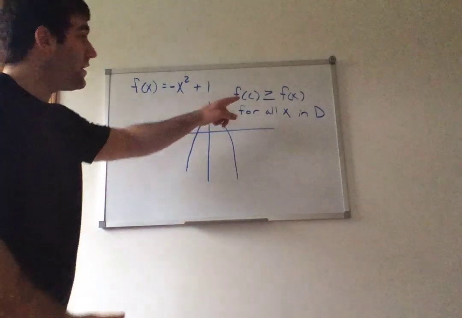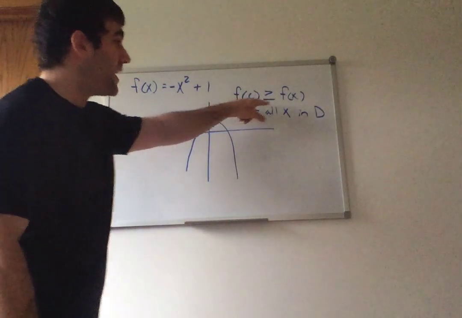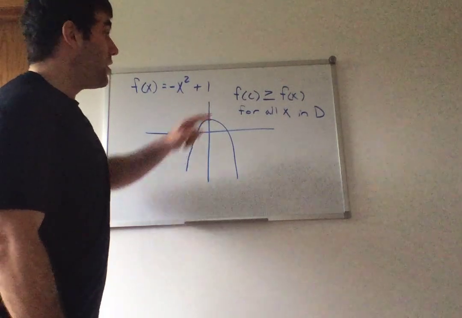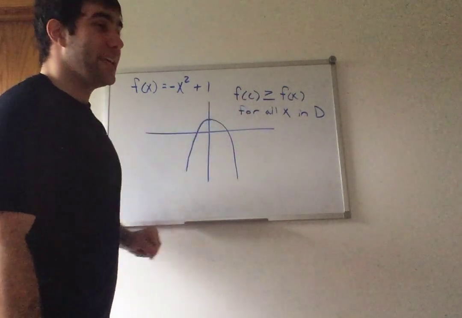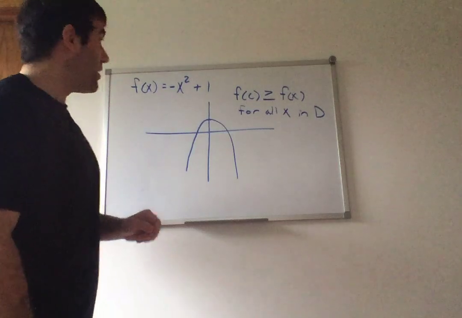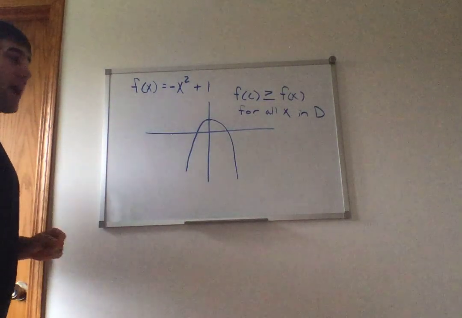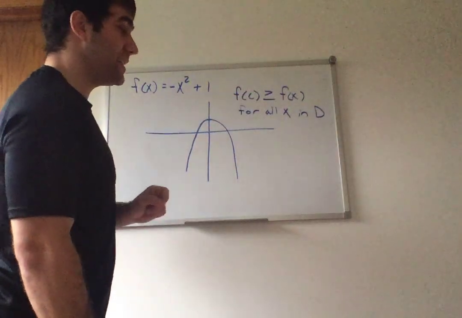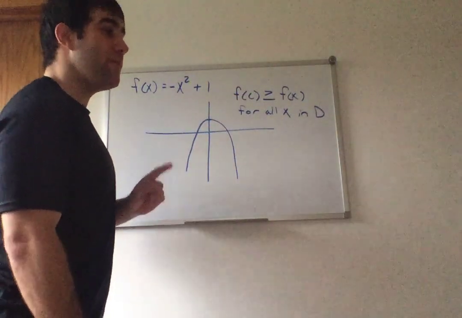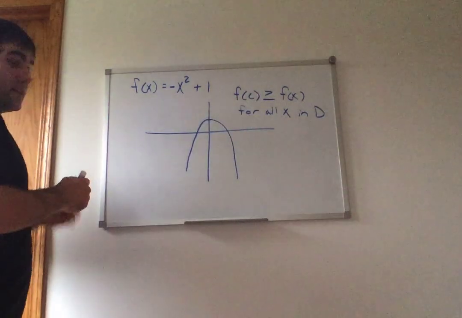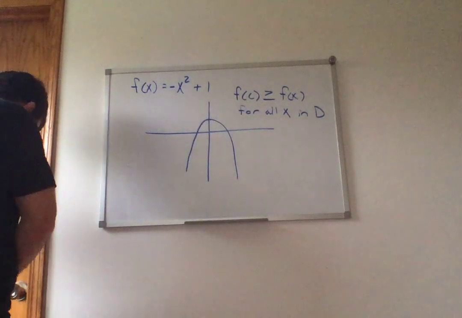If we could find a number C that satisfies this inequality right here, we would say f of C is the absolute maximum of our function f. The absolute maximum occurs at C. The maximum value is f of C. Okay? So, now let's go ahead and take a look at this.